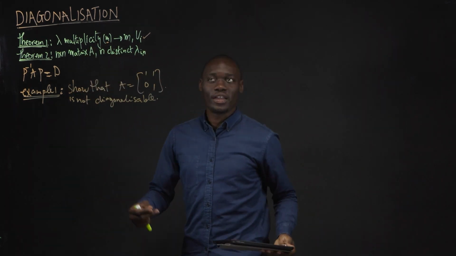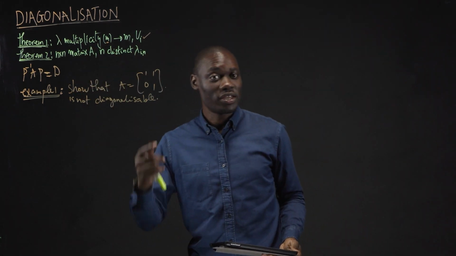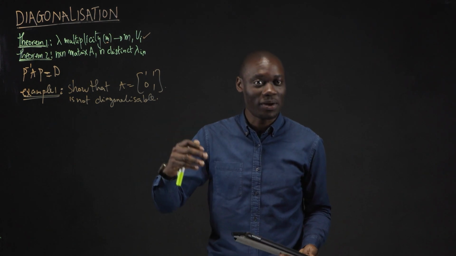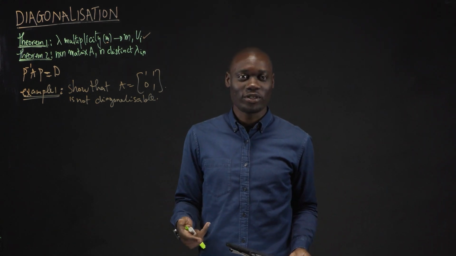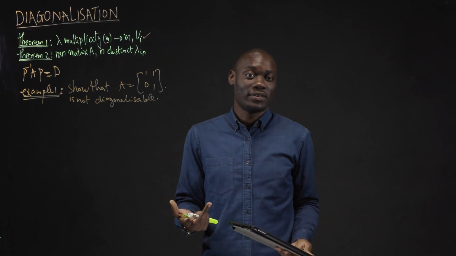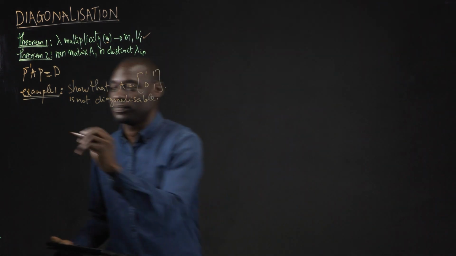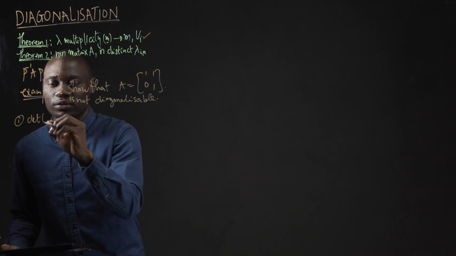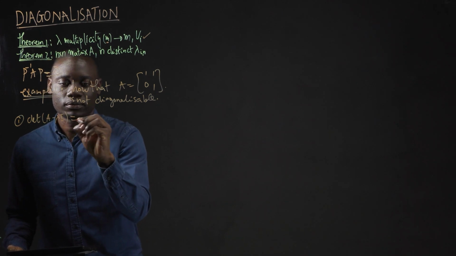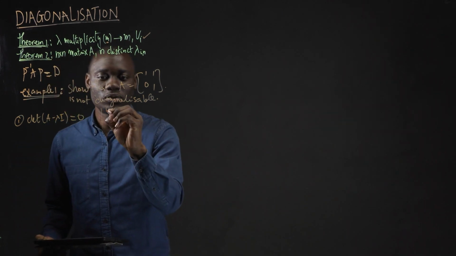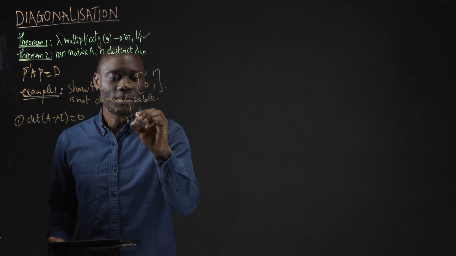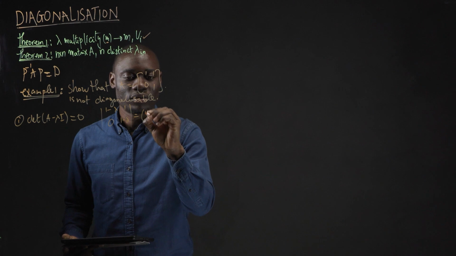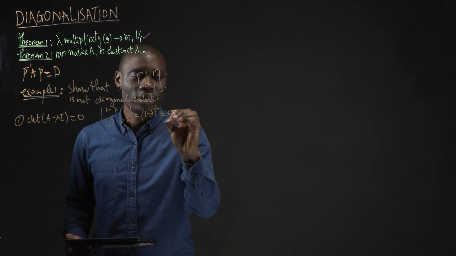Now, if you remember what we did in the previous video, we showed you the steps to diagonalize a matrix. The first step, can you remember? I believe so, was to solve the polynomial equation, the determinant of 1 minus lambda, 0, 1, 1 minus lambda, which is 1 minus lambda squared equals 0.